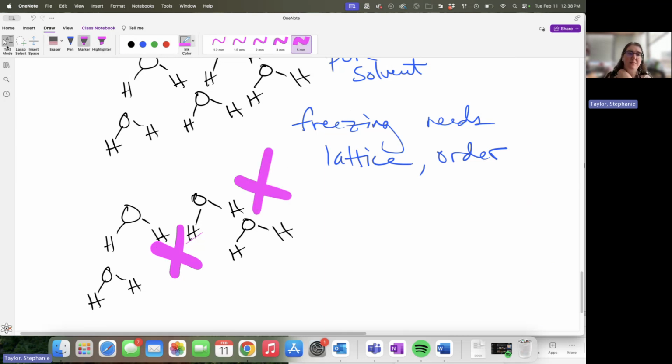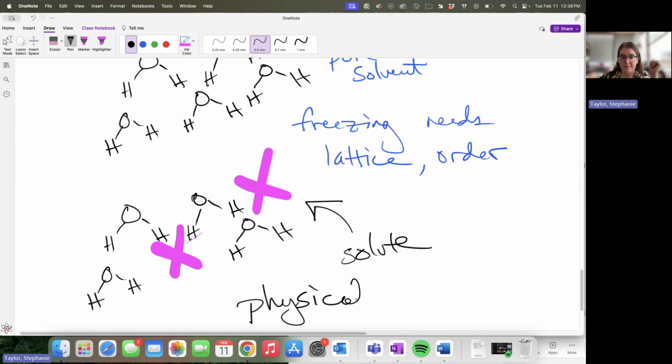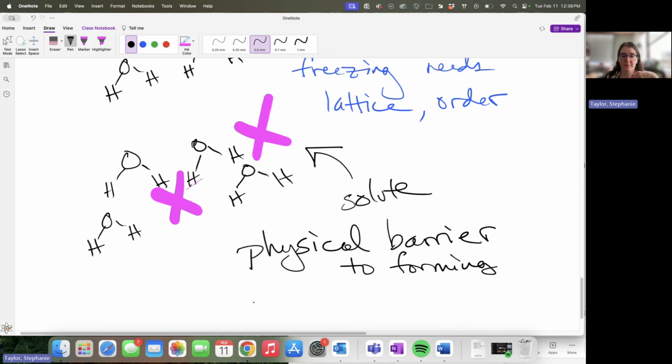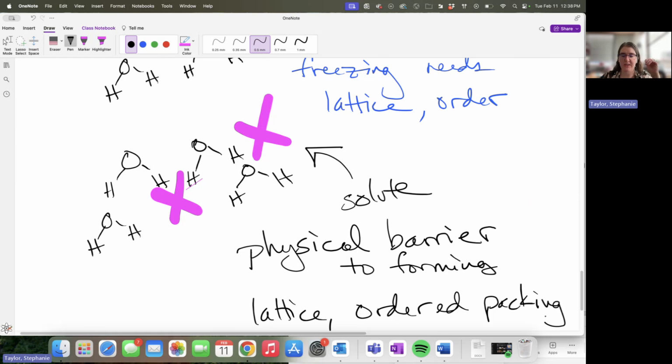So that's supposed to be my solute, my great big pink X. Essentially, it's a physical barrier to forming a lattice or ordered packing, because you've got something weirdly shaped in there.